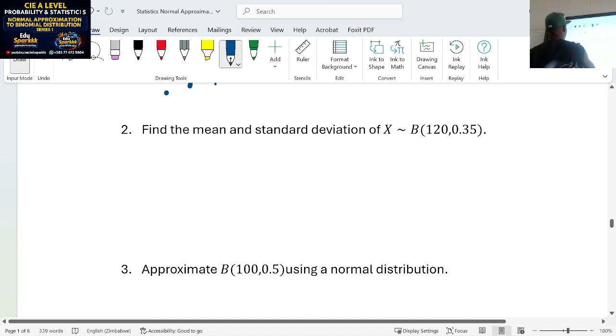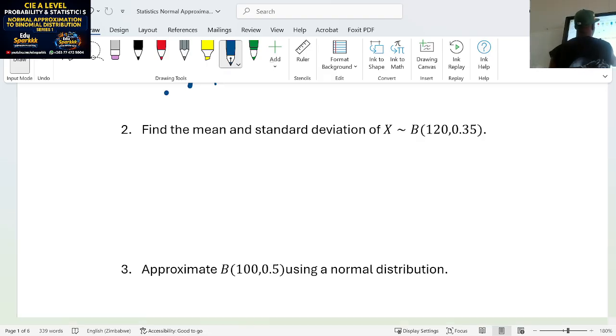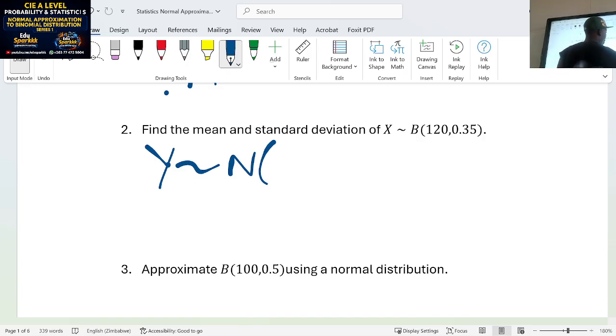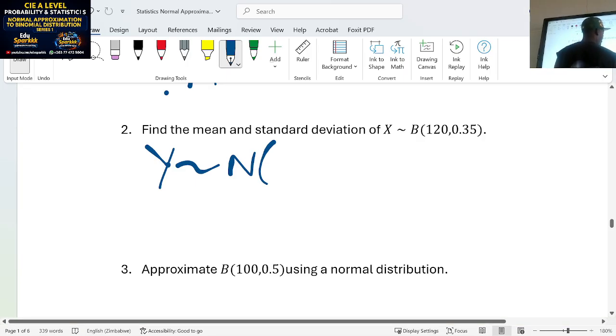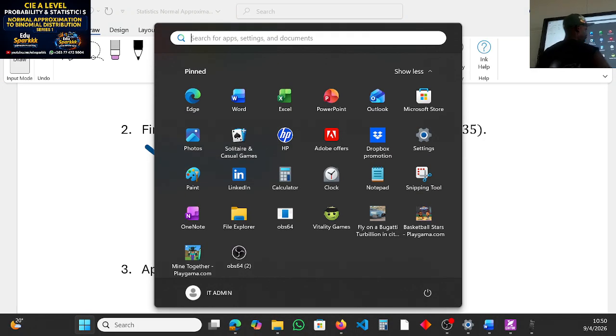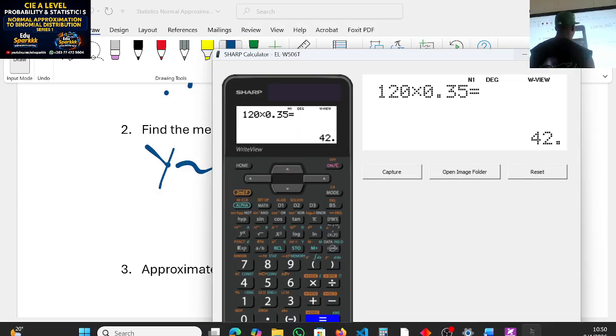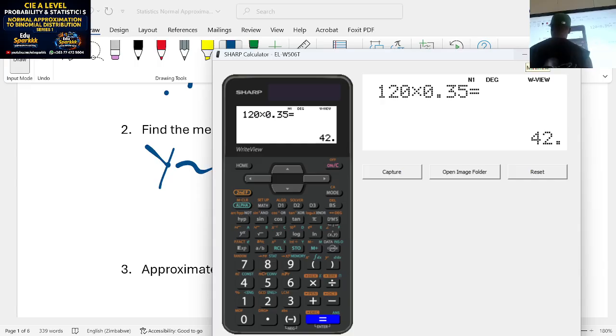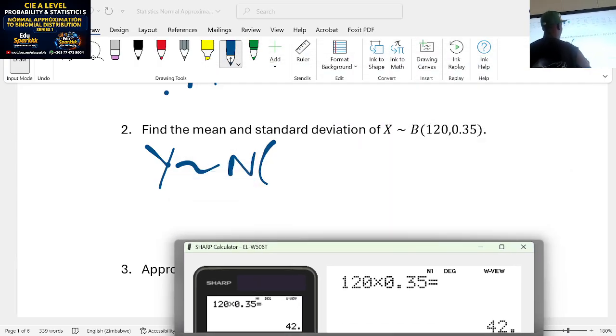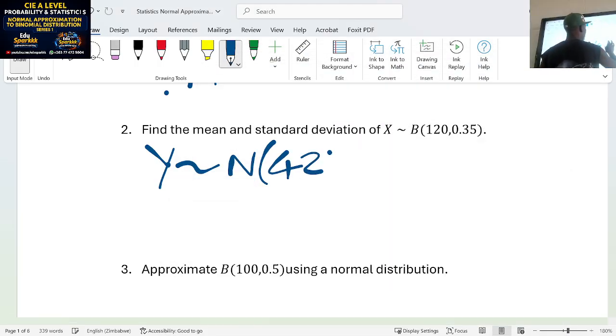So I can say a random variable, let me call it Y, is normally distributed with mean 42. The calculator confirms 42.